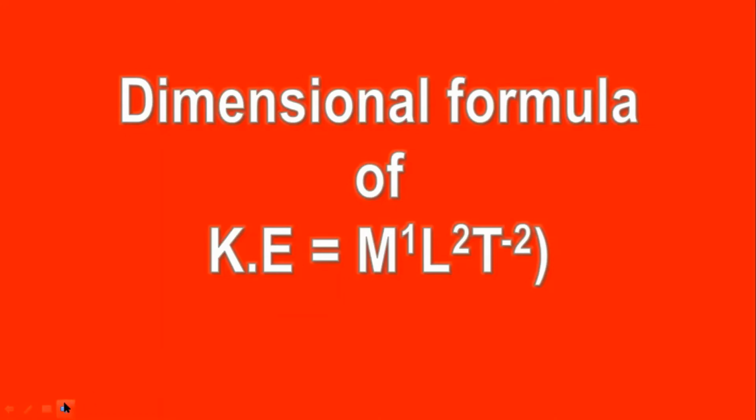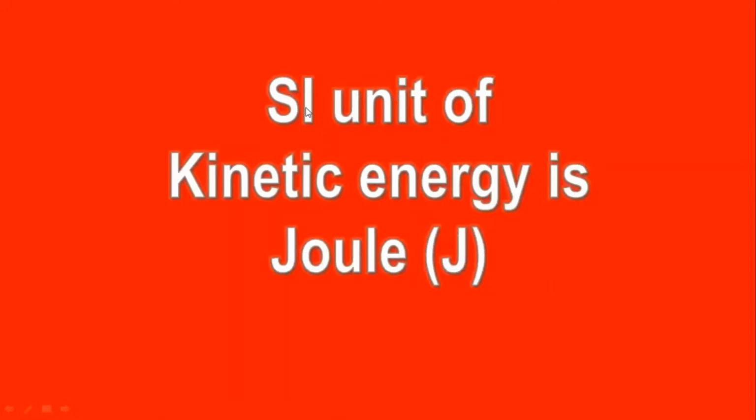But if you are looking at the left hand side, now we are starting from the left hand side. This is the unit of the formula in the System International. The unit of kinetic energy is Joule.